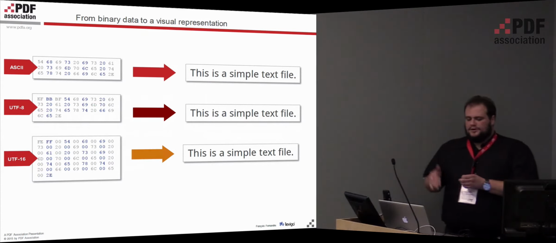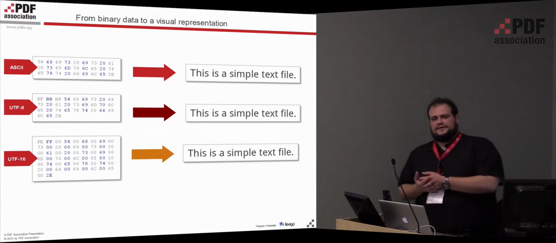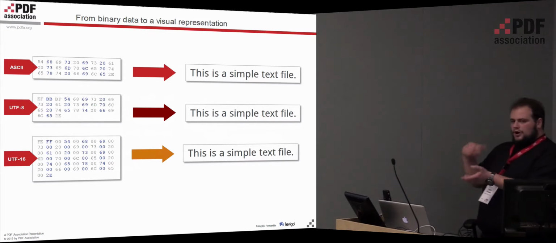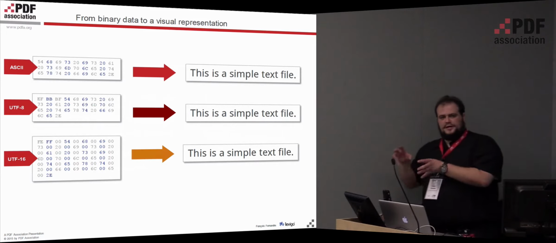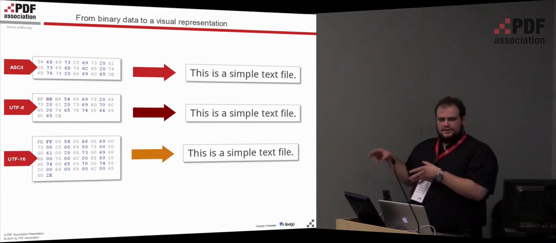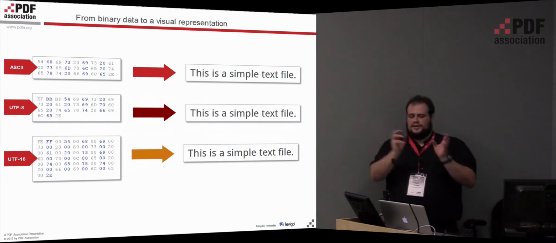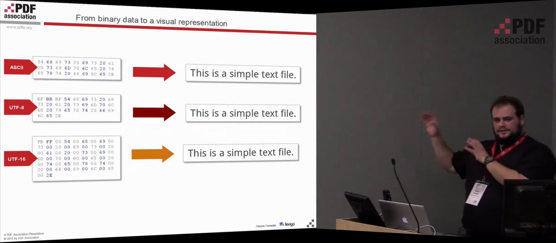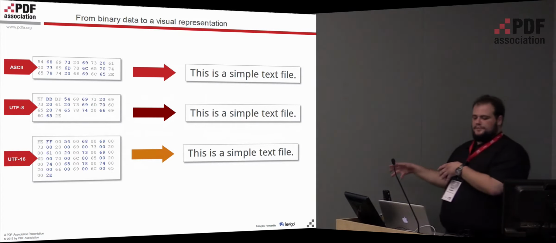Commonly known encodings are, for example, ASCII or UTF-8 or UTF-16. All those have different meanings and different kinds of mappings to get semantics from binary data to something that is visible and readable.